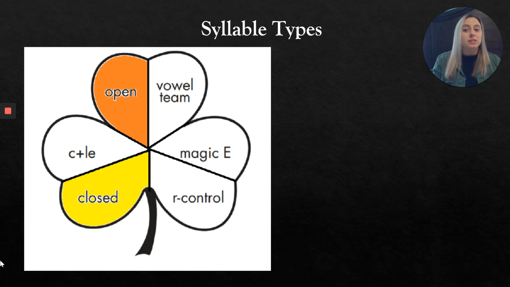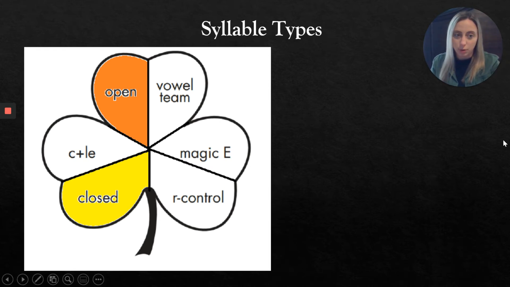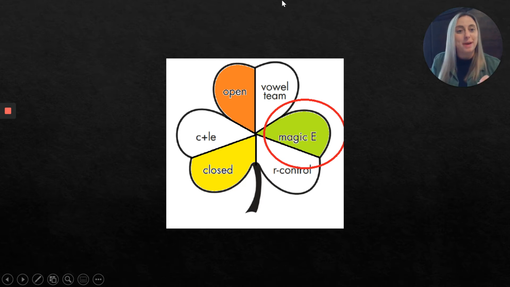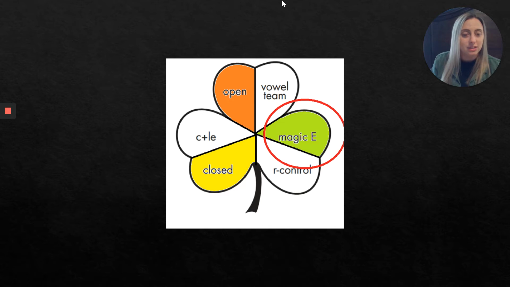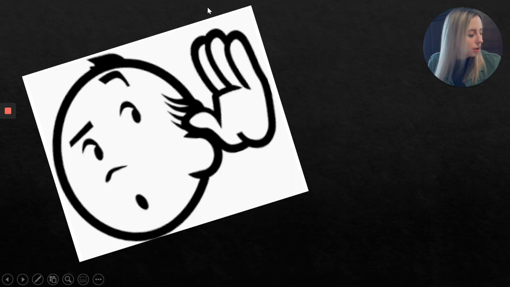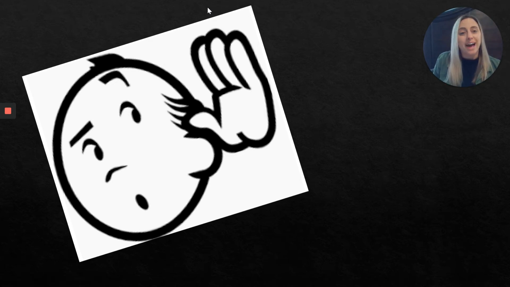Today we're going to learn the first parts of another part of this clover. We're actually going to be focused on the magic E part of the clover. However, I'm going to introduce it very isolated to start, and then we'll get broader into the concept. So listen to these words, kids, okay? And you want to listen for the vowel sound you hear that is the same.